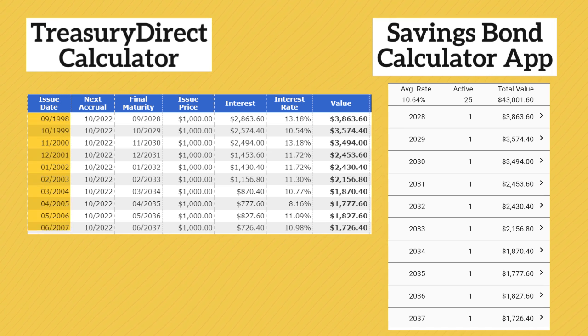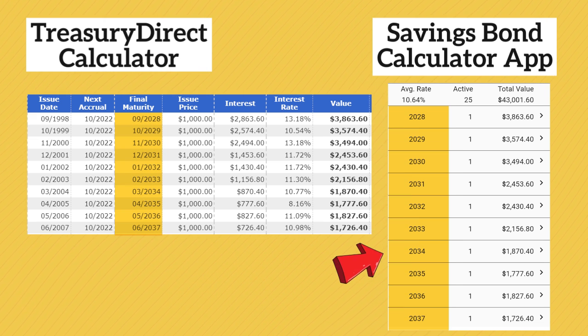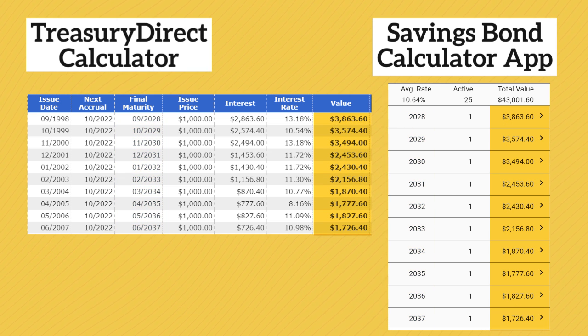Specifically, these first 10 I-bonds issued between September 1998 and June 2007. Here's the maturity date for each I-bond, which matches these I-bond maturity dates in the app. These I-bonds are identical, and as you can see, the total value columns for each I-bond also match.